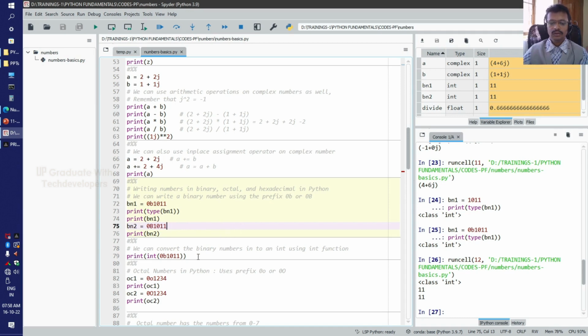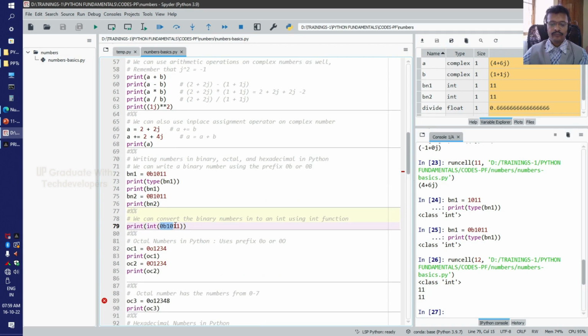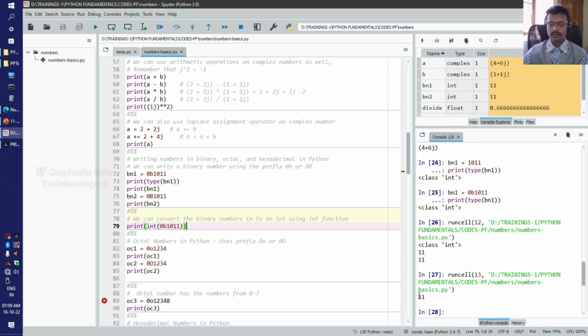We can convert binary numbers into an integer using the int function. This is nothing but typecasting. Here we are directly assigning the converted value to the variable, but here we are using the typecasting method directly to print the value of the binary number as an integer value. So here we got 11 once again.